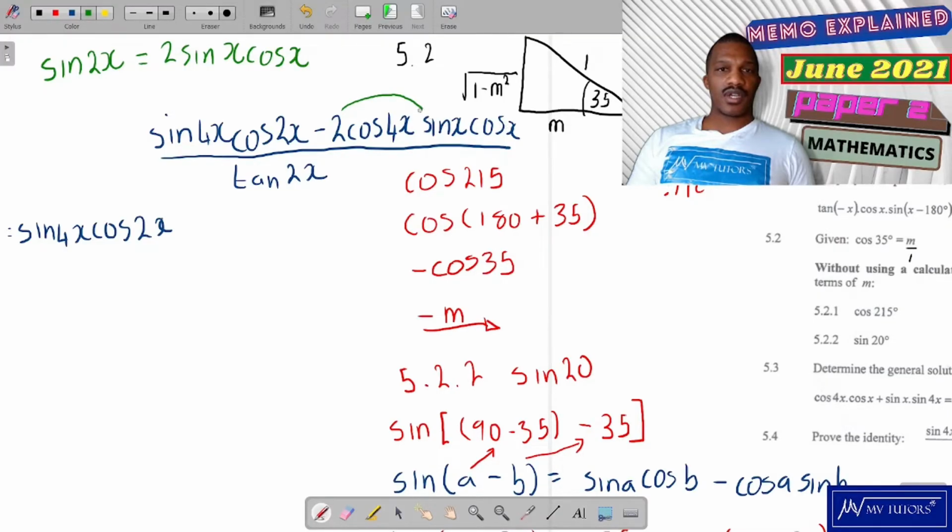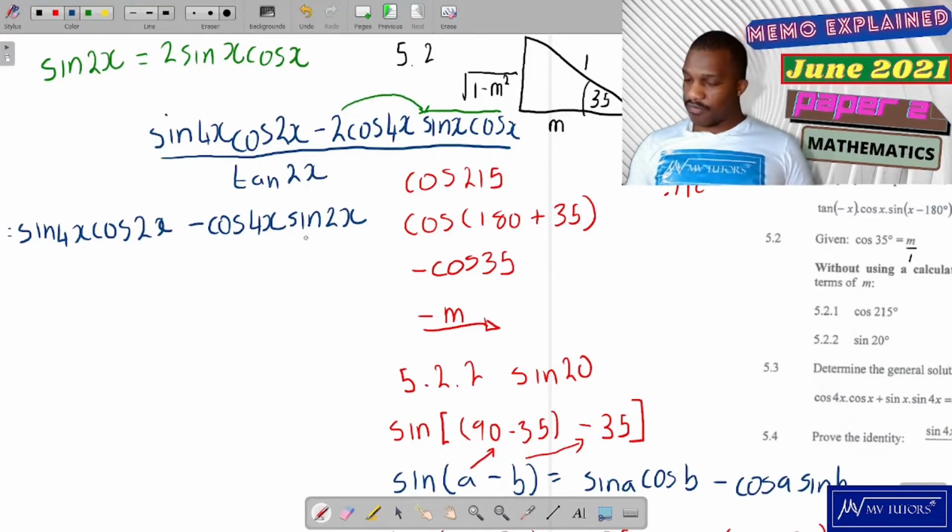So let me just do it like this, combining those, then let me write the cos x first, cos 4x, and then those will give me sine 2x. Okay, so now I have 4x and 2x on both sides.